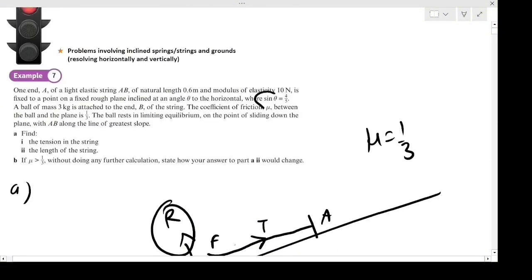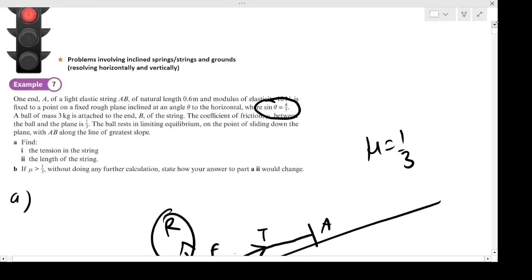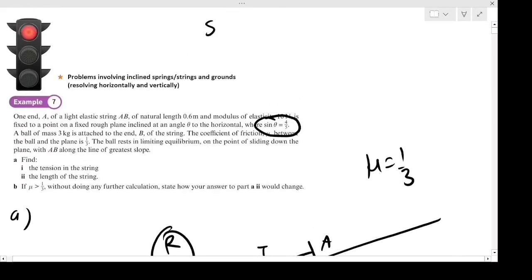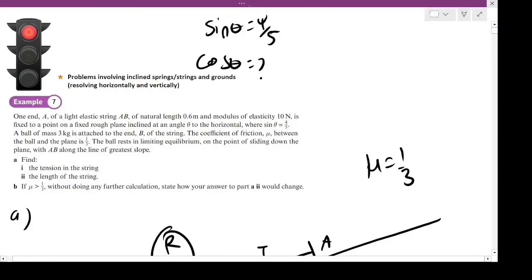We don't have an angle for theta. We only know what sine theta is. Okay, that's 4/5. But hopefully you're familiar with how we can obtain cos theta from this. We don't need to find theta directly by doing inverse sine. What we can do instead, the more proper way, is draw a triangle with the same angle theta and consider SOHCAHTOA.